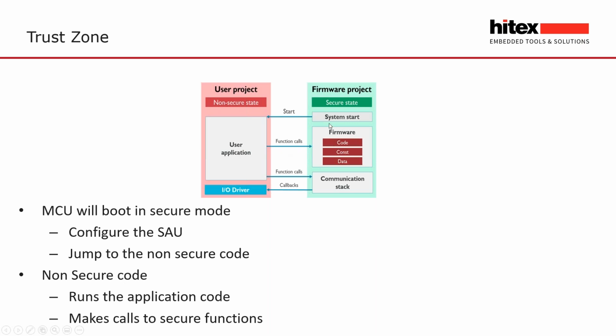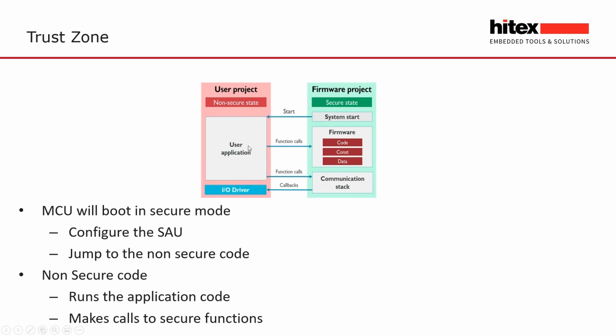Now, if we've got our secure services in here, so things like cryptography library, secure storage, attribution, attestation, etc., then we've got quite a large number of functions in here. So we have a very nice, strong isolation between them.